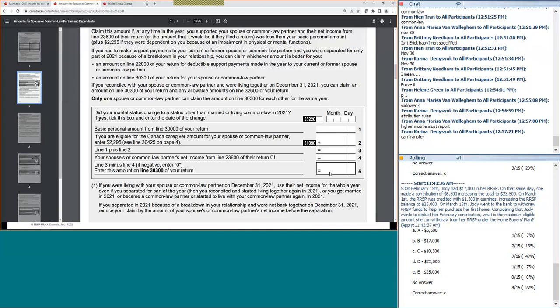So now you know when there is a spouse or common law partner amount. It is when their income is very close to that basic personal amount.